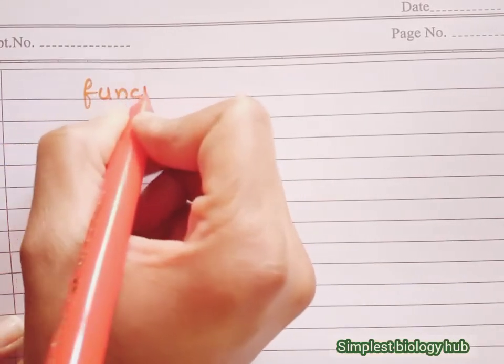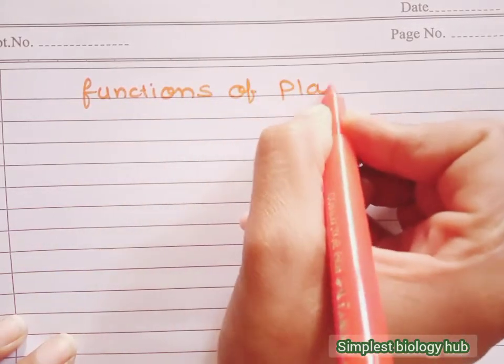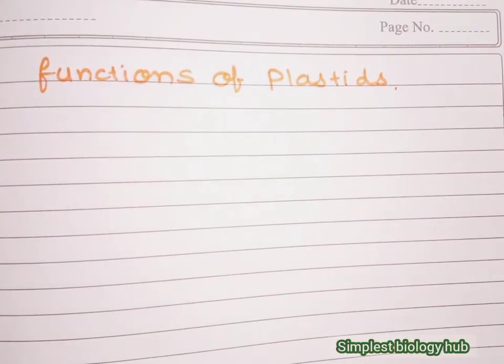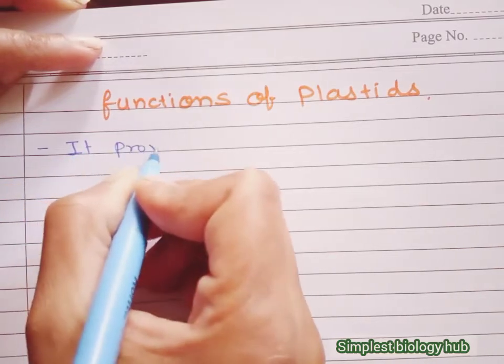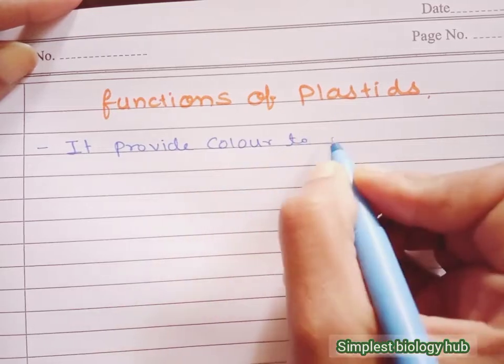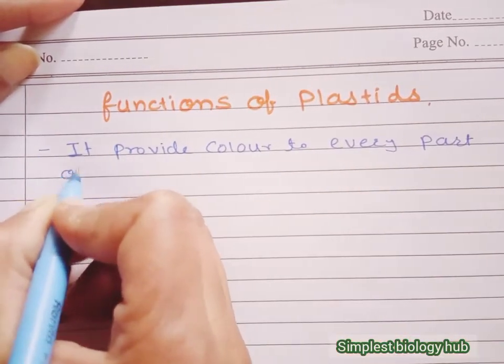Now we talk about the functions of the chloroplast and plastid. The main and very important function of the plastid is that it provides color to every part of the plant.